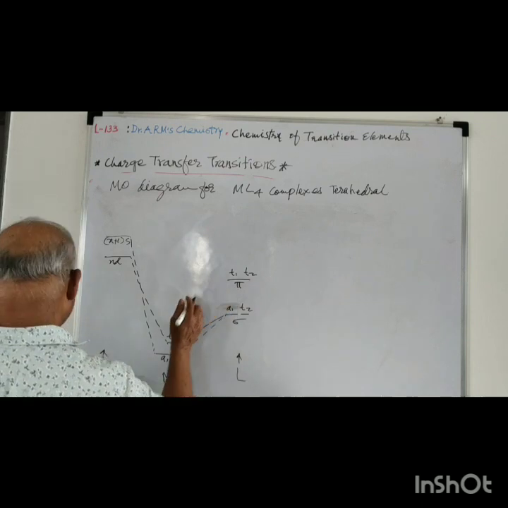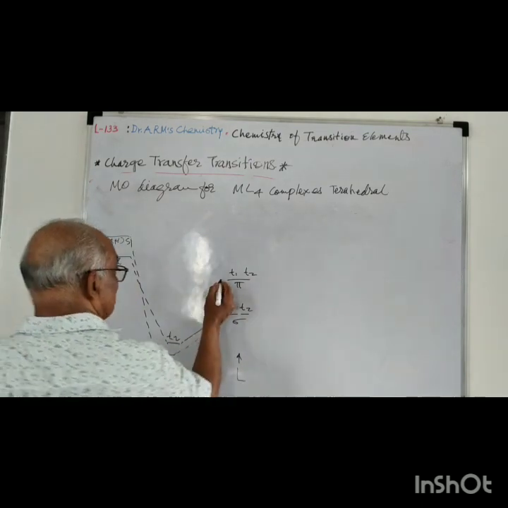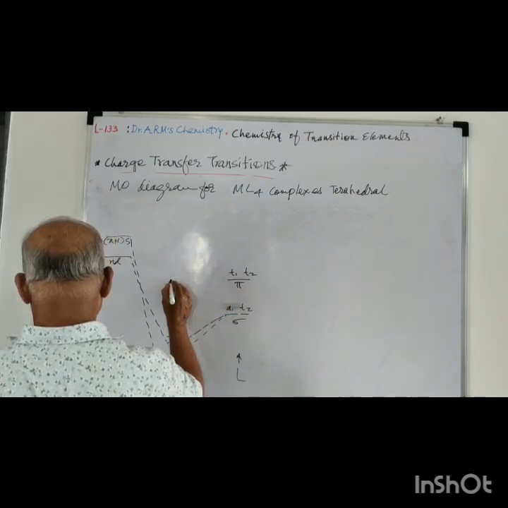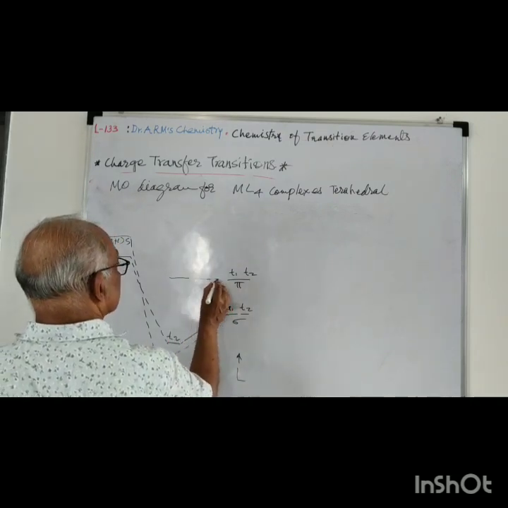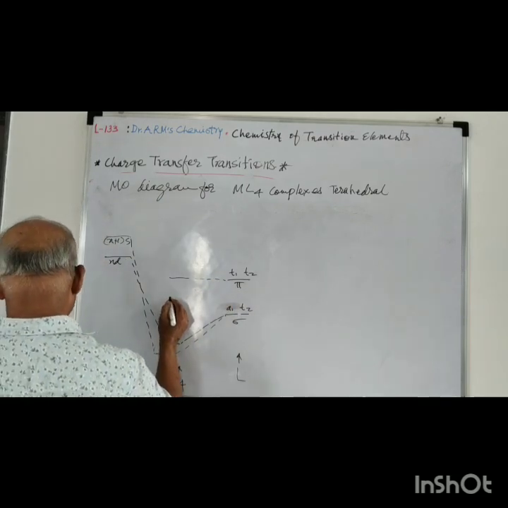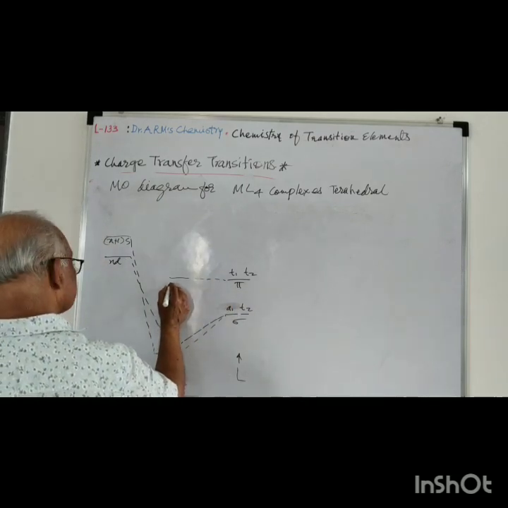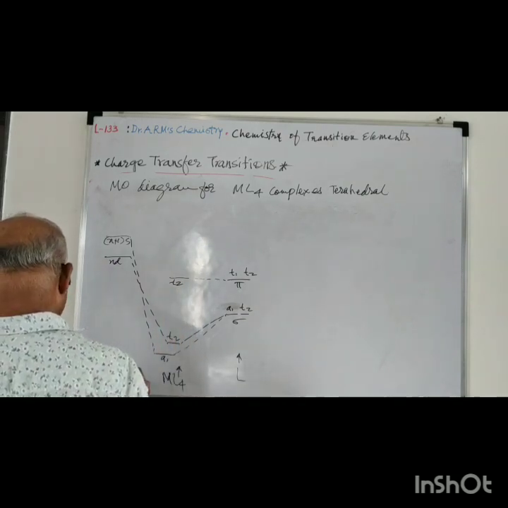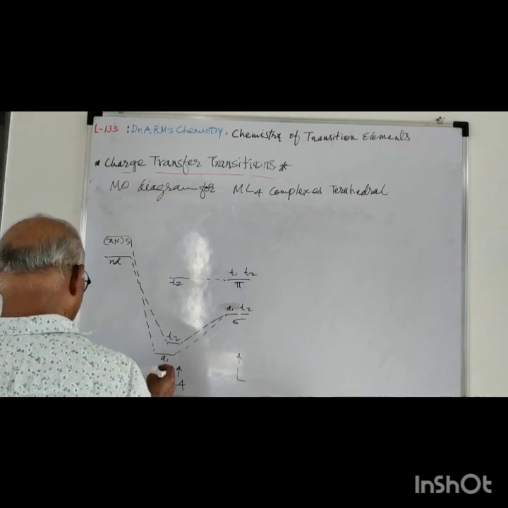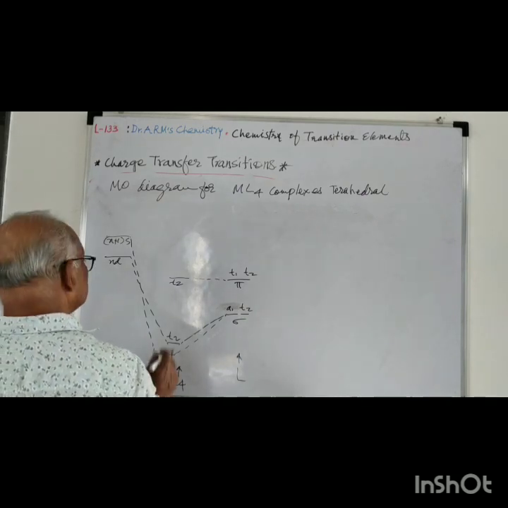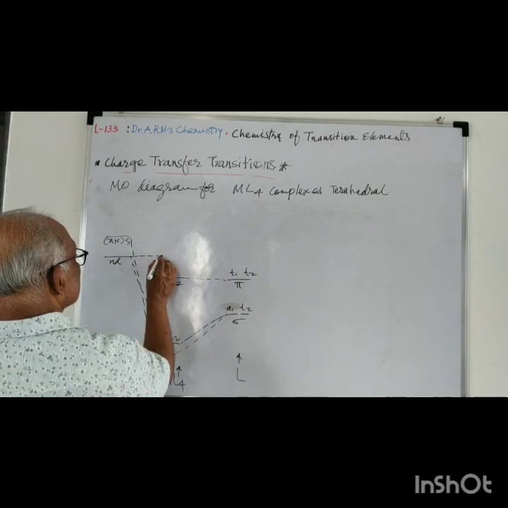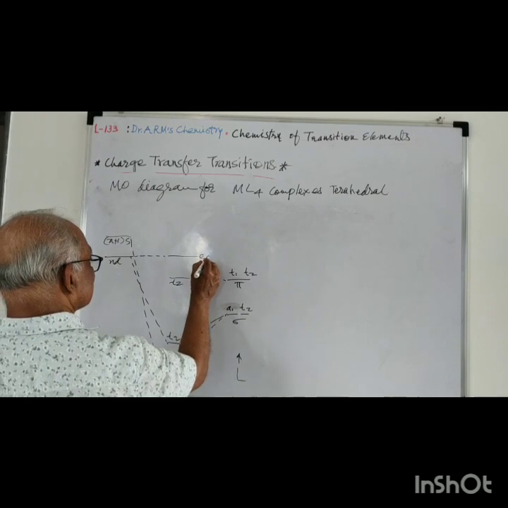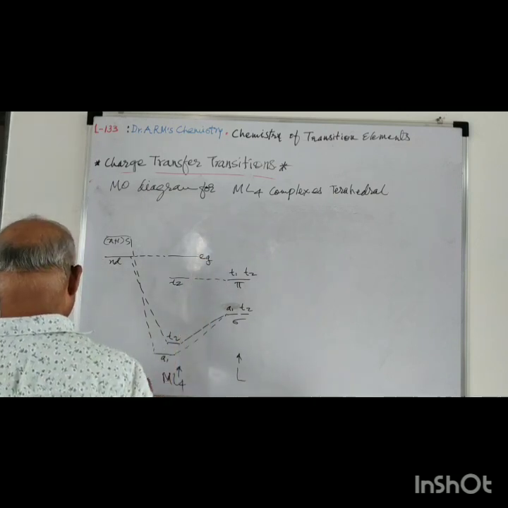Then these T1, T2 have no comparable symmetry metal orbitals, so they are directly transferred to the MO system like this. So these are non-bonding T2G orbitals. T2 orbitals are non-bonding. So these are pi nature, and the nd orbitals have some Eg orbitals like this.